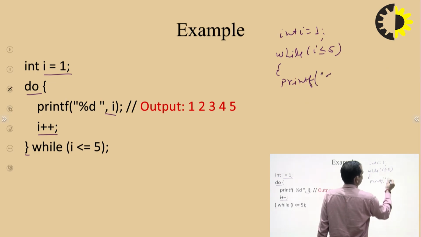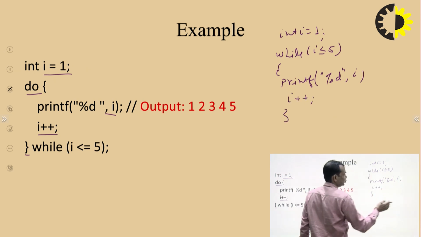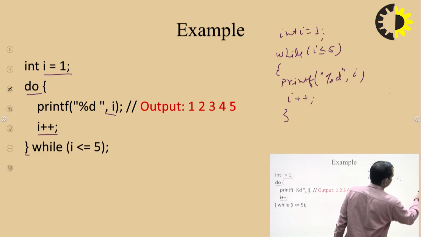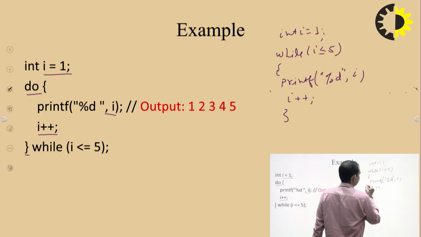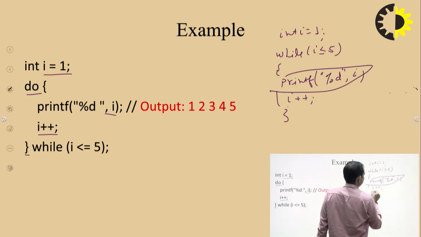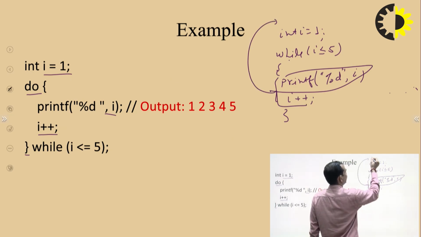And here we are using printf, %d comma I, and I plus plus. So we use two lines, this line and this line. We cannot write them inside this, we write them outside this, and we use them inside the do while loop.